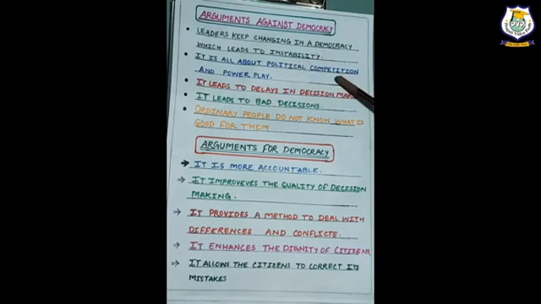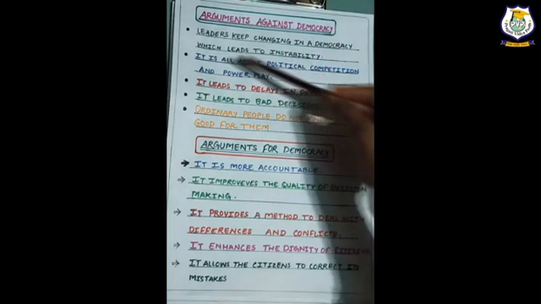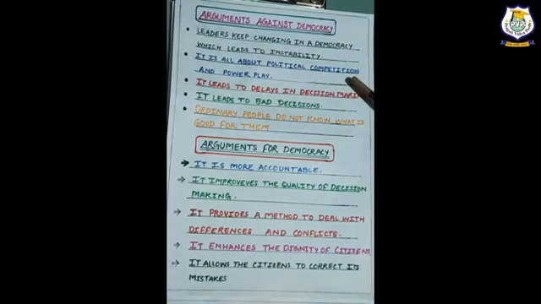For this, each and every political party gives temptations to the people to win the election and uses many malpractices. So in this way, it is all about political competition and power play. We can say there is no scope of morality.